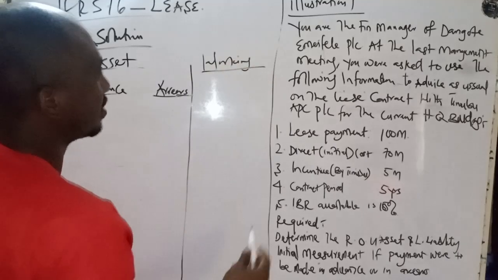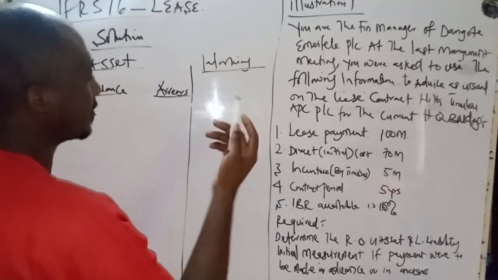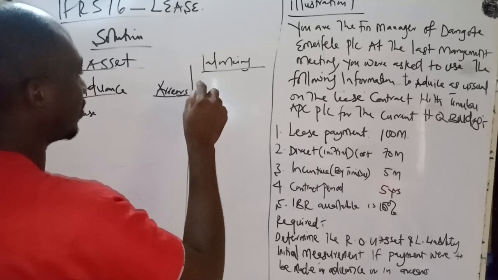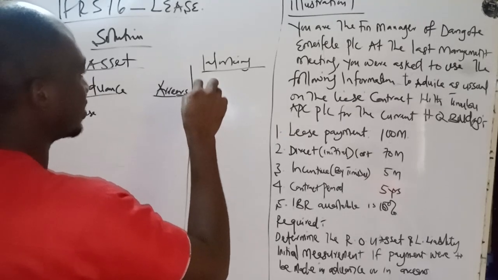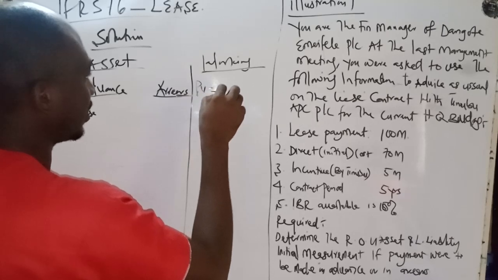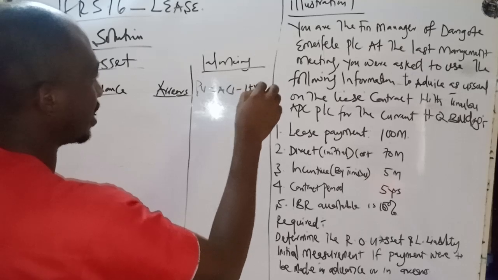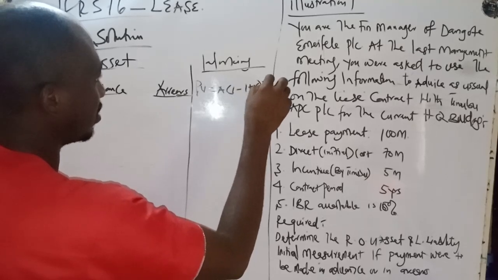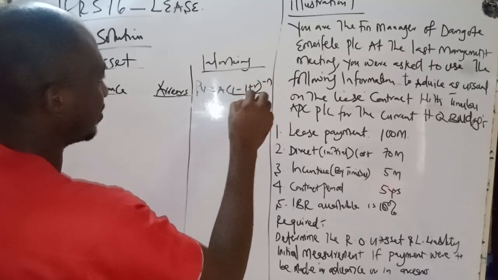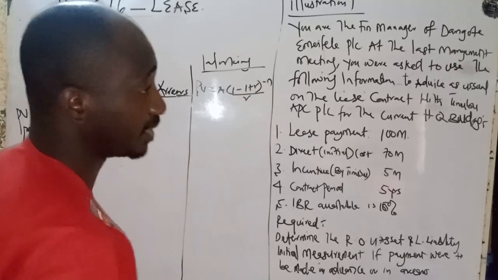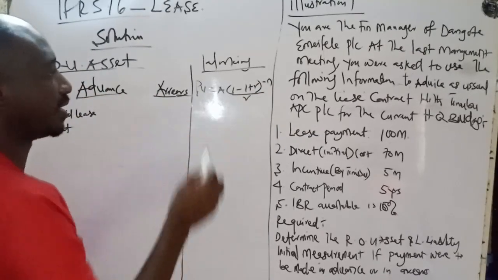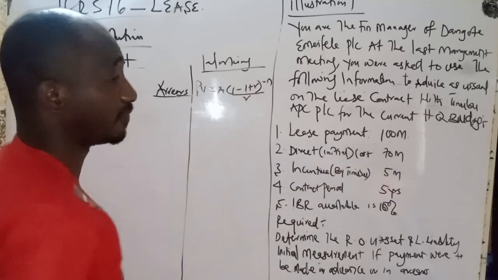In determining the present value of our lease payment, we just use this simple formula. The simple formula is present value equals A times (1 minus (1 plus R) raised to power minus n) divided by R. R is rate, n is number of years, A is the amount that is involved, the principal amount.